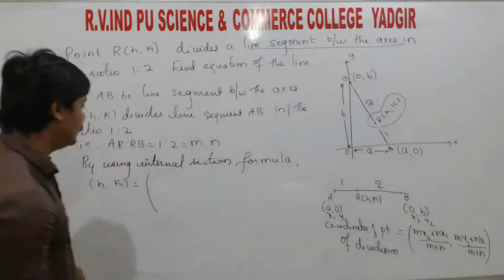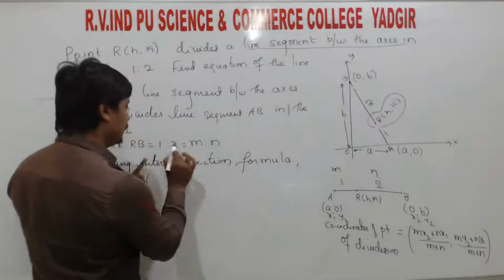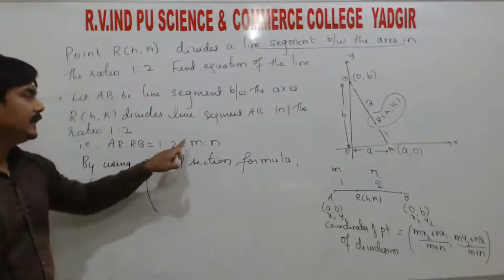Let us put in that formula. This is m, this is n. m is to n, 1 is to 2. The m value is 1, the n value is 2.